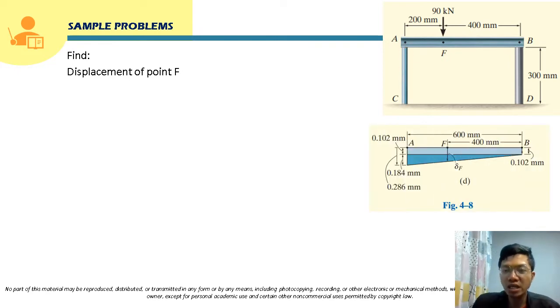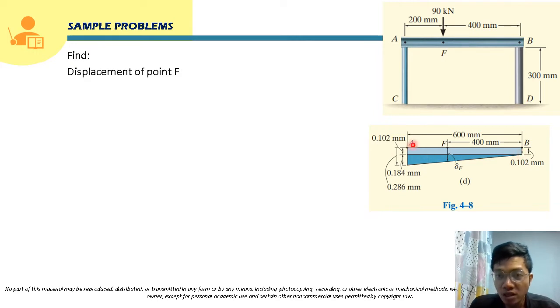So, drawing that displacement, for point B we computed this already, so the displacement is 0.10231 millimeter. It will go down 0.10231 millimeter, so from this point it will go down to this point.